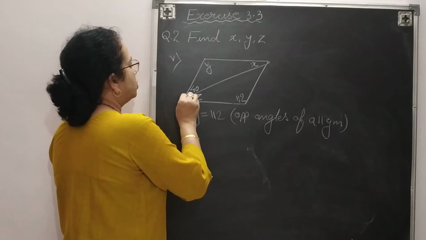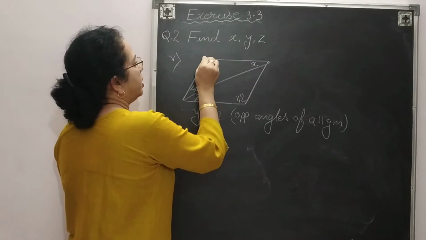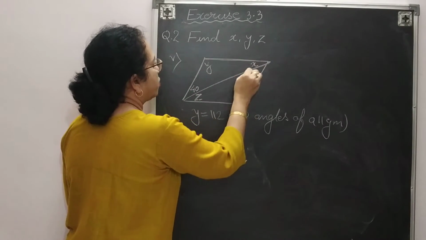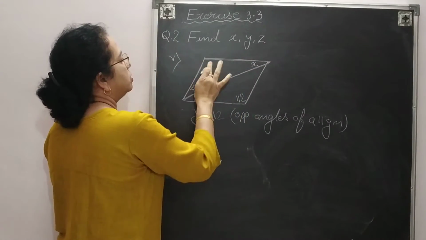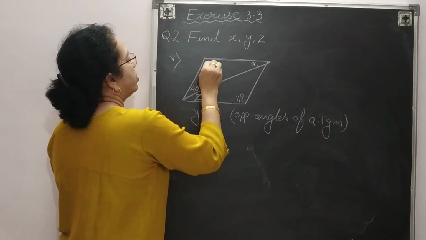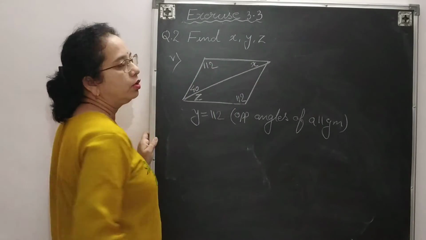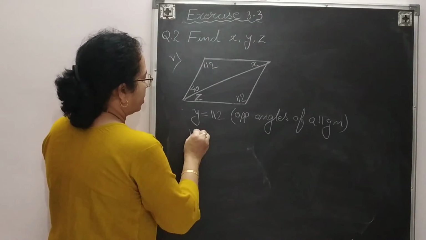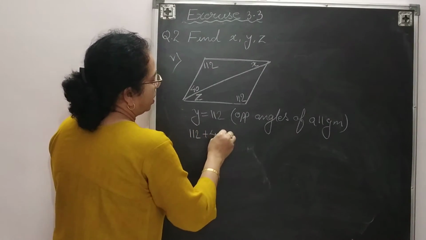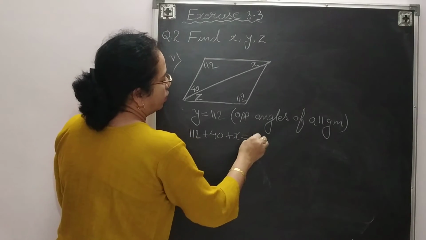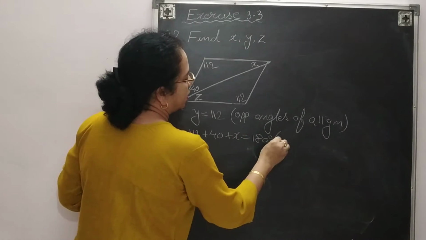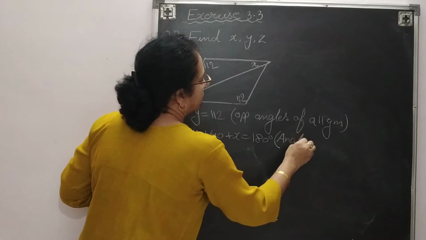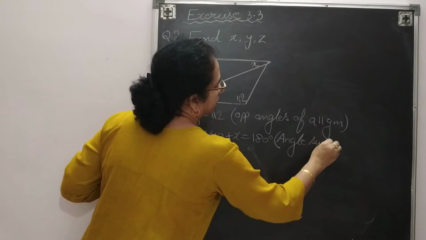Now you can use angle sum property in a triangle. This triangle you can use, because now you know that two angles out of three are given, 112 and 40. You can find out the third one. So you can write 112 plus 40 plus x is equal to 180 degree. What is the reason? You are using angle sum property here.